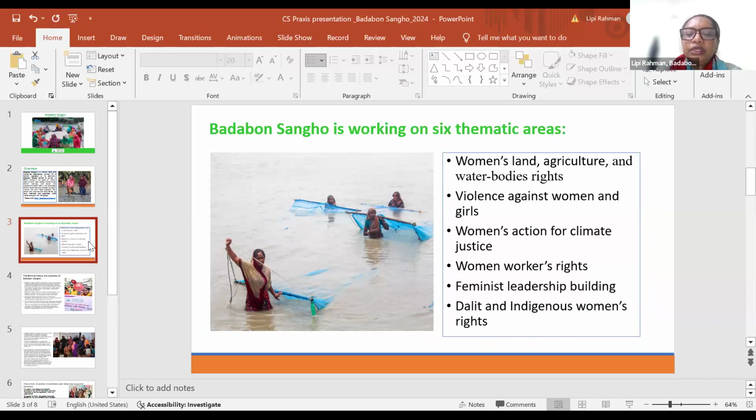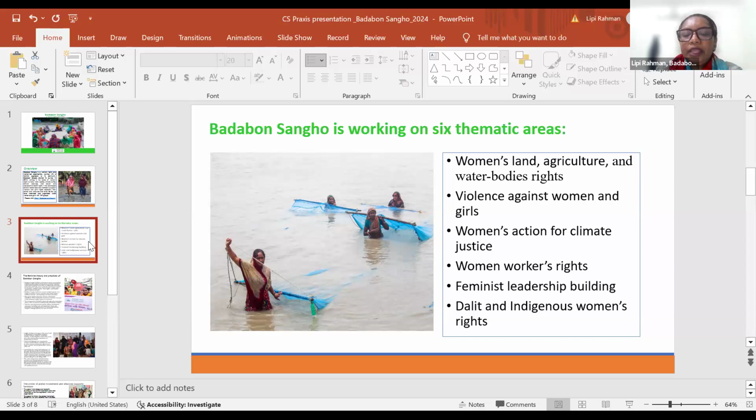We are also working on combating violence against women and girls, and women's action for climate justice in the coastal belt area. In the northern area we have started working on women workers' rights, beginning with returning migrant women workers, but now for all women working in the informal sectors.